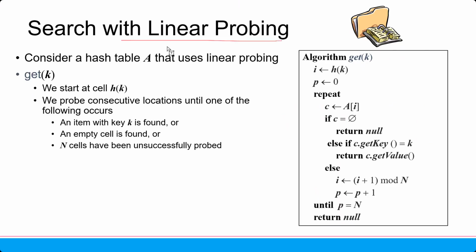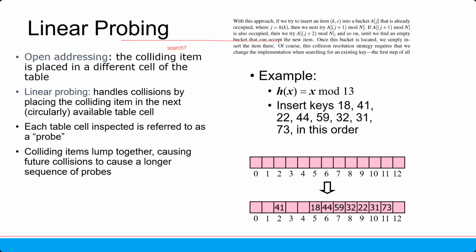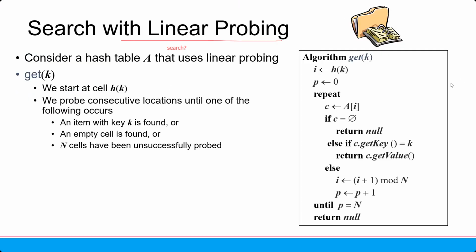But the problem is how to search. Let's have the previous one. Let's have the data like this one. But we need to search. We need to find the value. So we need to have an algorithm.